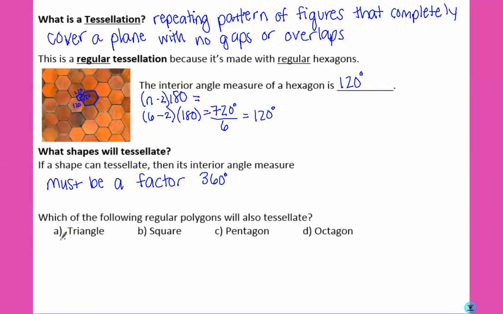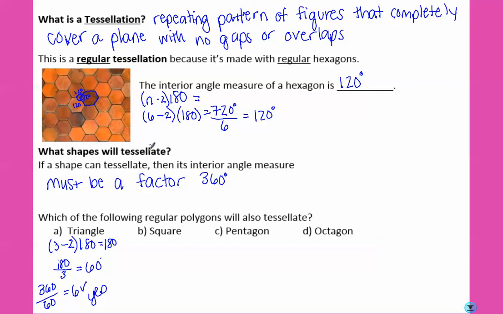A triangle has 3 sides, so 3 minus 2 times 180 equals 180. 180 divided by our 3 sides, each one would be 60 degrees. Is 360 divisible by 60 evenly? We get 6. So yes, a triangle would tessellate.